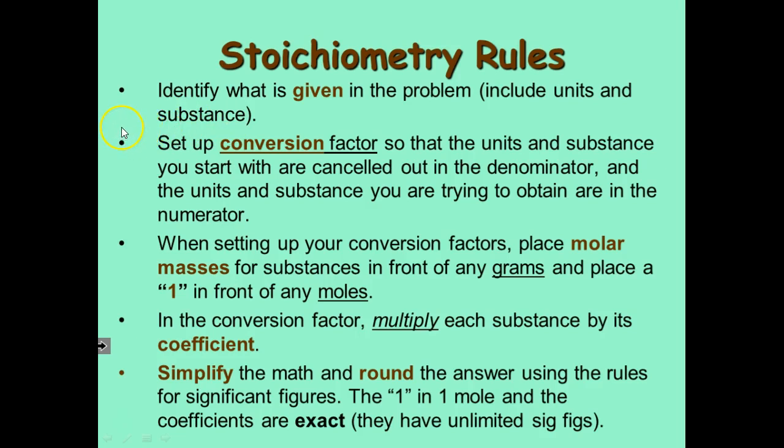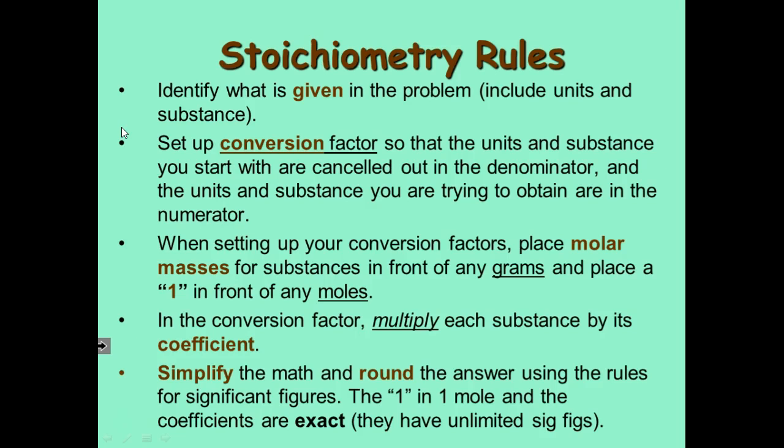You're not just going to change moles of oxygen into grams of oxygen, or grams of carbon dioxide into moles of carbon dioxide. You could go from moles of oxygen to moles of carbon dioxide, or grams of carbon dioxide to grams of oxygen. So you need to make sure you include those chemical formulas, and you'll see that in the examples we're going to do.